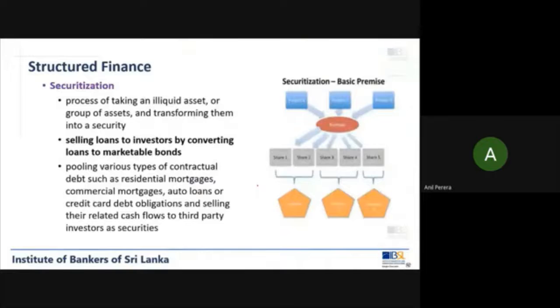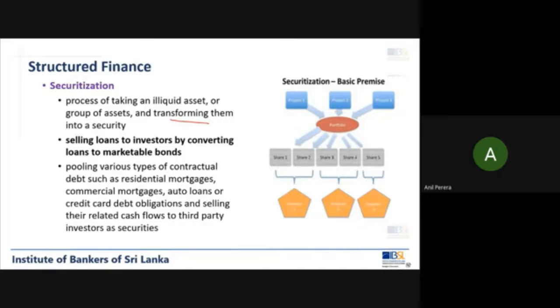So here we introduce and explain this securitization process, how it happens. Securitization, very simply, means you are taking an illiquid asset or some risky asset from your balance sheet and you transfer it into a security. You create another security, and that new security will be traded or sold to some other investors, right?